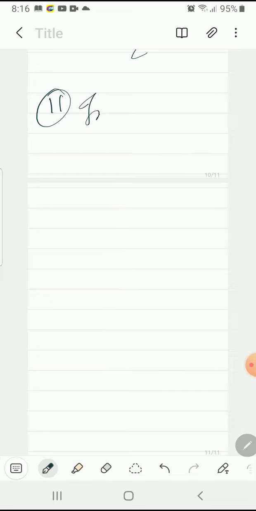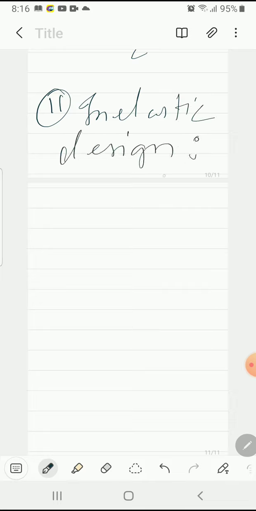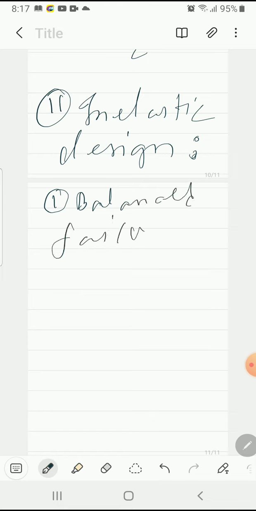Okay, now the second design method is inelastic design. Okay, in this the concrete behaves, the section behaves, the reinforced concrete behaves in three ways. Number one is balanced section, balanced behavior, balanced failure condition.